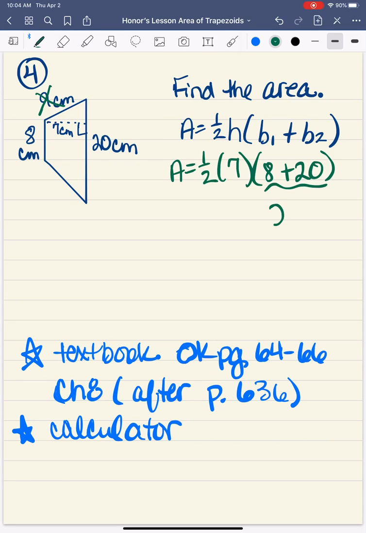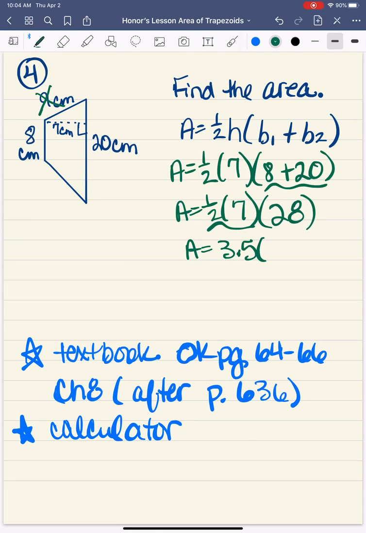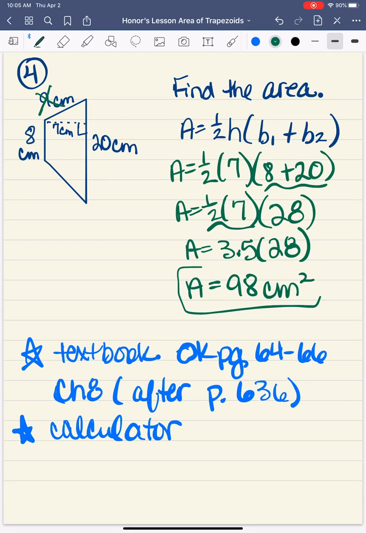So let's add first here, which is 28. And then 1/2 of 7 is 3.5. And then multiply that by 28. And that should give you 98 centimeters squared.